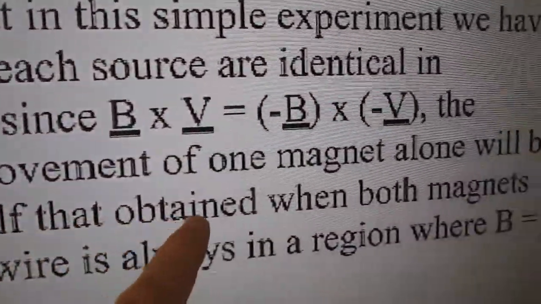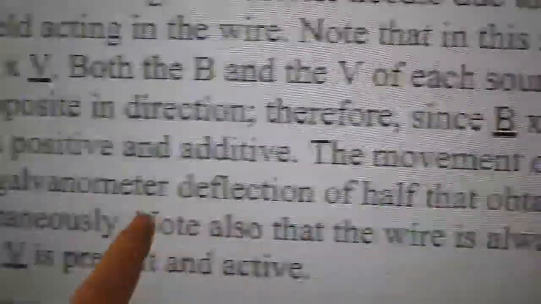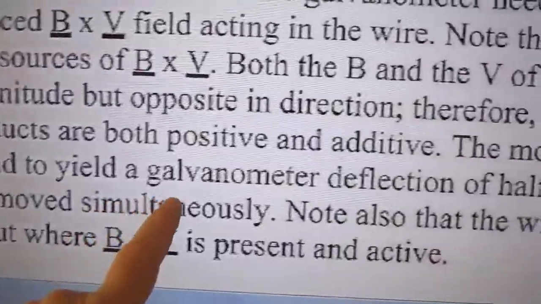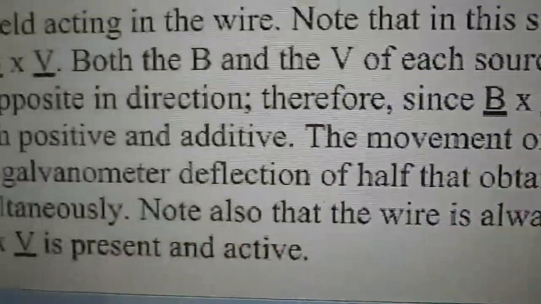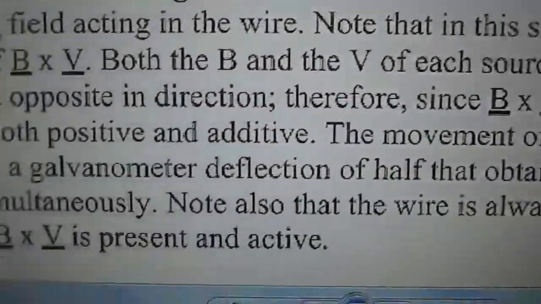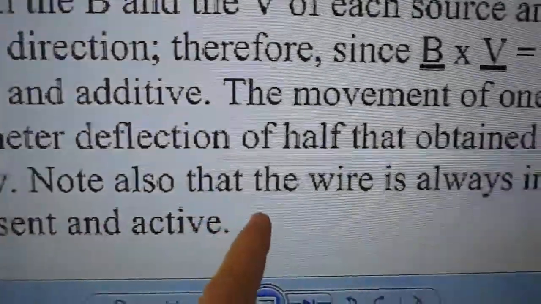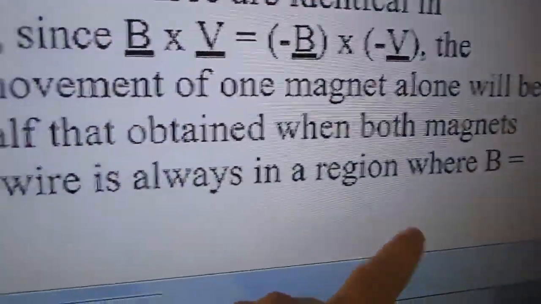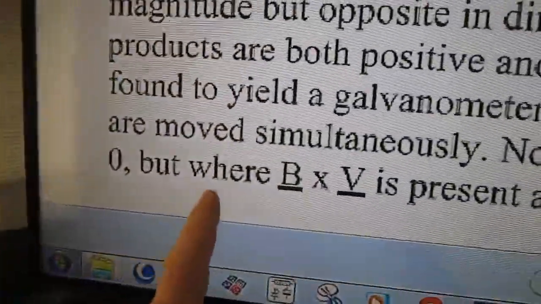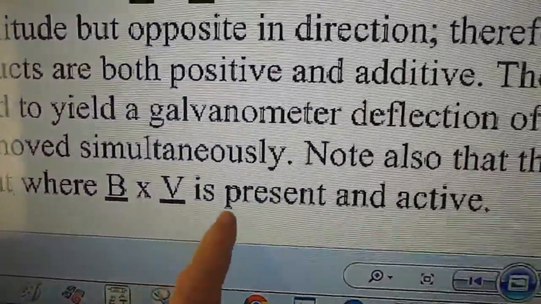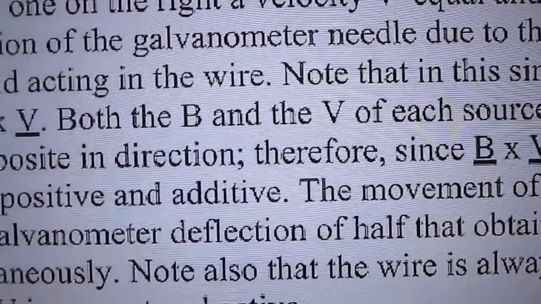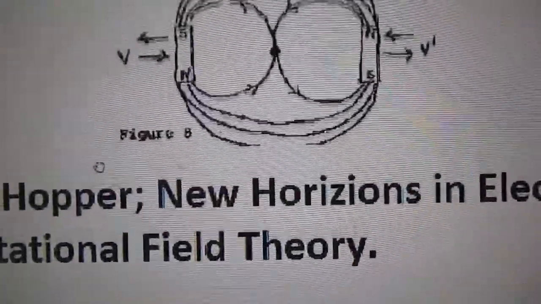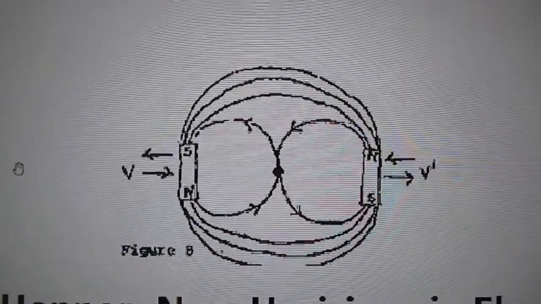The movement of one magnet alone will be found to yield a galvanometer deflection of half that attained by both magnets when both magnets are moved simultaneously. Note that the wire is always in a region where B equals 0, but where B times V is present and active. Folks, this is straight up Clemente Figuera device all day long.